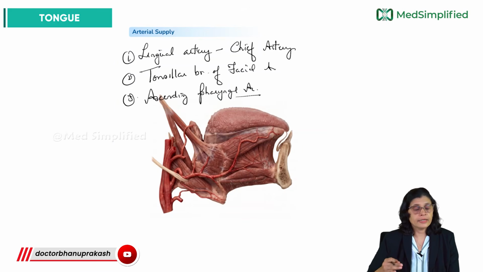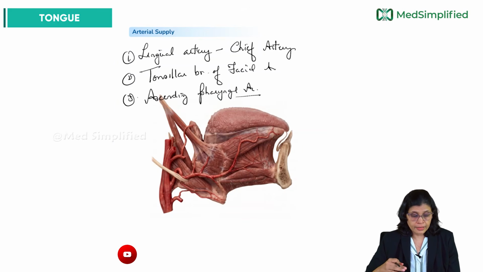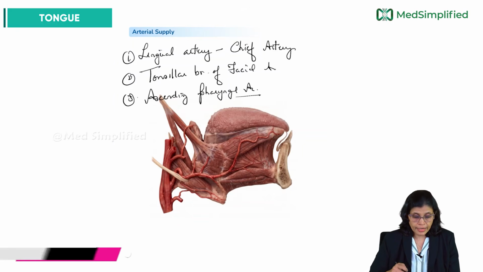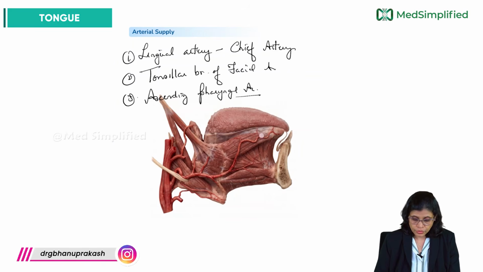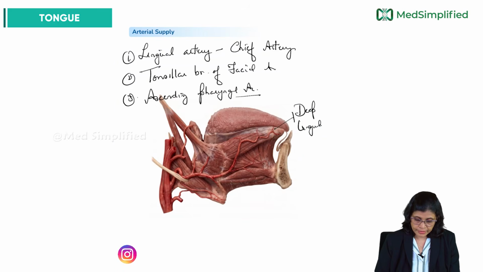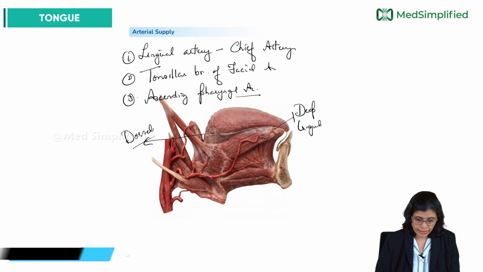And this lingual artery will be giving the deep lingual arteries to the anterior part as well as the dorsal lingual arteries to the posterior part. So here in the anterior part we will see the deep lingual arteries, and in the dorsal, that is the posterior part, we will have the dorsal lingual arteries.